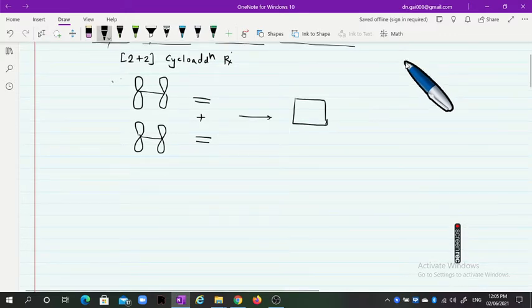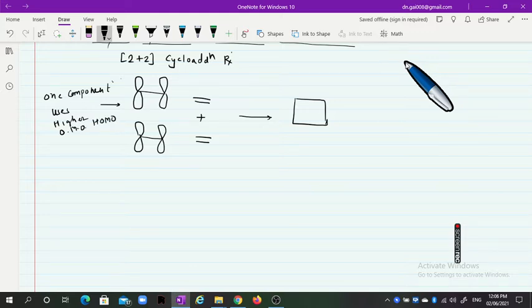In such a reaction, for the first component we use the highest occupied molecular orbital, that is, the HOMO.